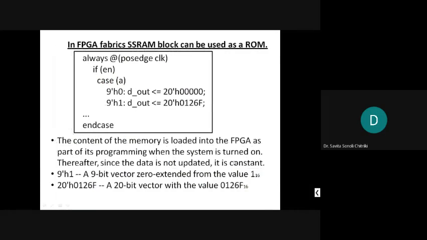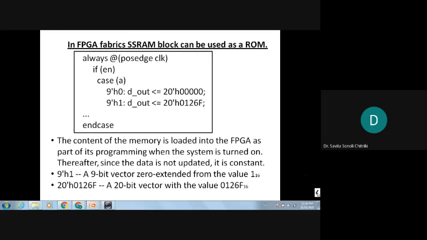Okay, next, in FPGA fabrics SSRAM block can be accessed as a ROM. How is it always at positive edge of the clock?